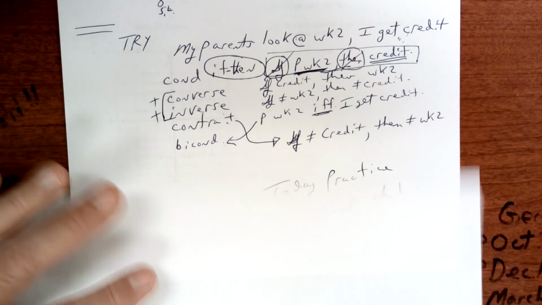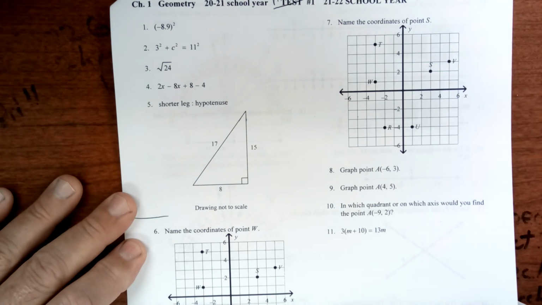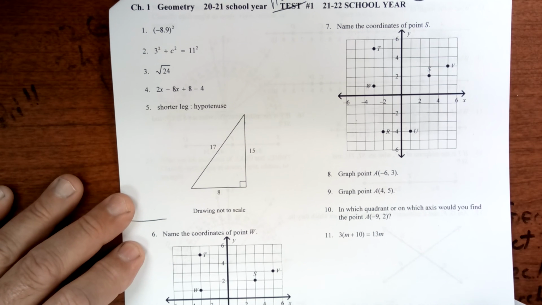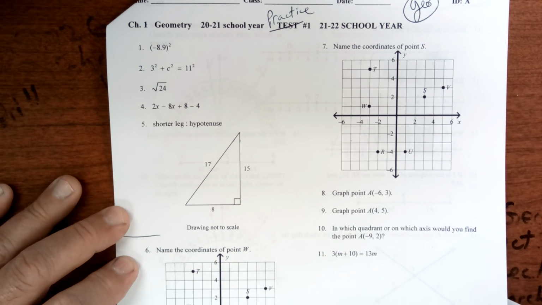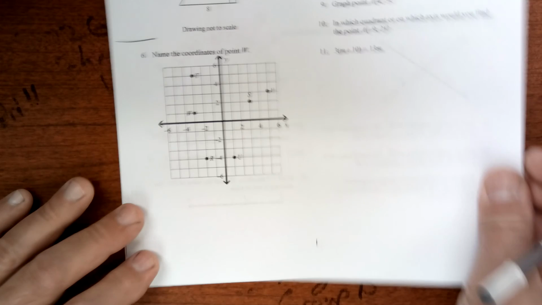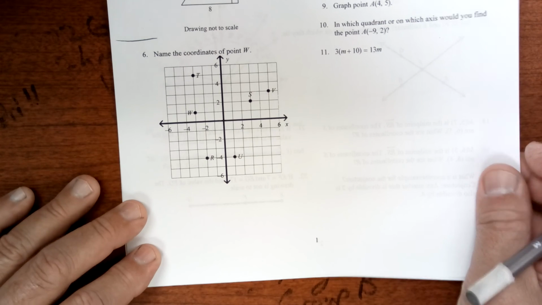Okay, your practice test today is right here, and we're going to talk about that in a little while. So let's take a look here. If you can't be with us, here it is. On the top of your page, you want to scratch out test number 1 and put practice test, because it is a practice. And then the back side looks like this.